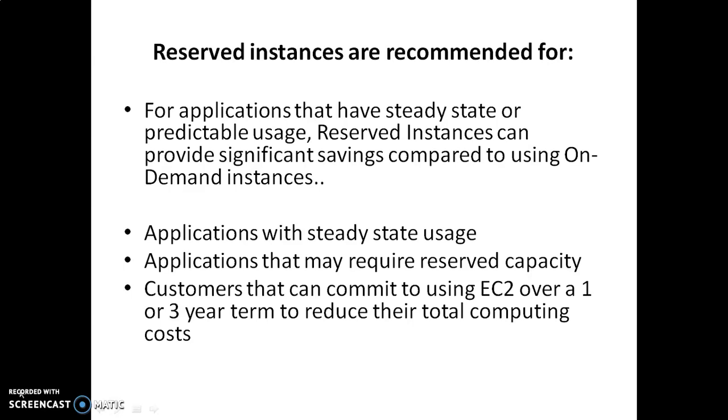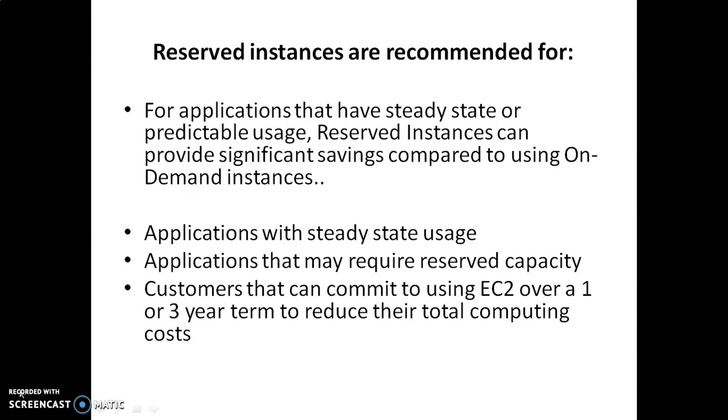Next point is applications with steady state usage. Next, applications that may require reserved capacity. Customers that can commit to using EC2 over a 1 or 3 year term to reduce their total computing cost.